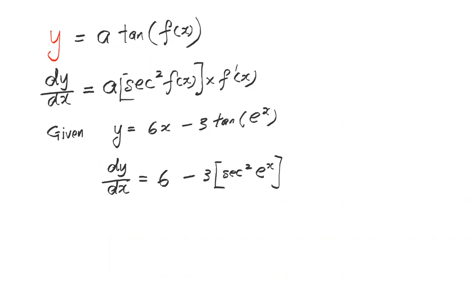If you don't like it, you can write and whole thing squared. Understand? You can write like that. Then times by, what is the derivative of e to the power x? e to the power x times 1, right? So that.